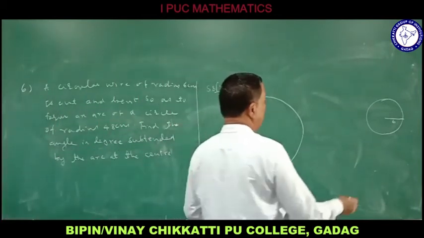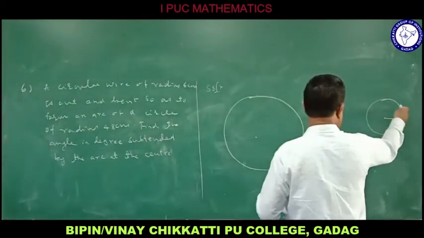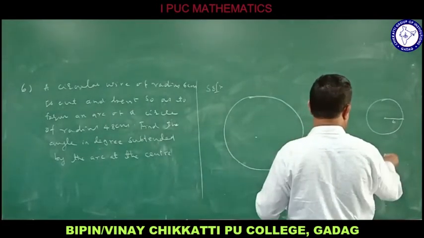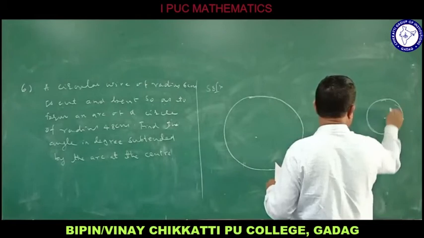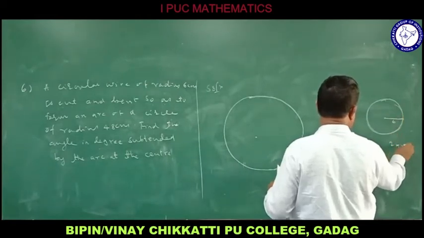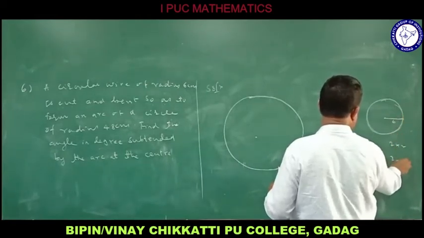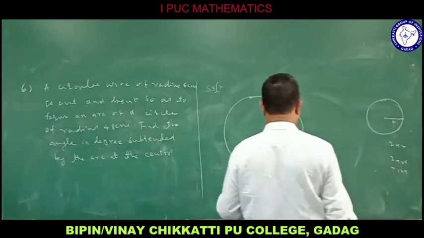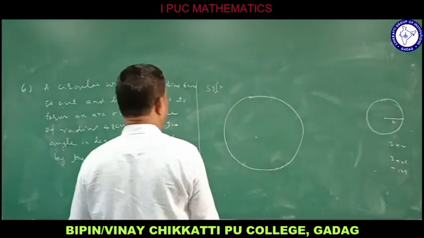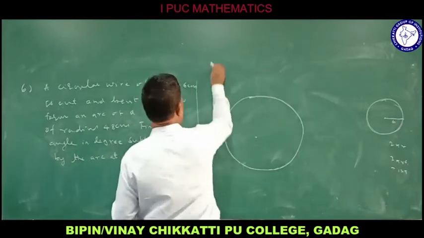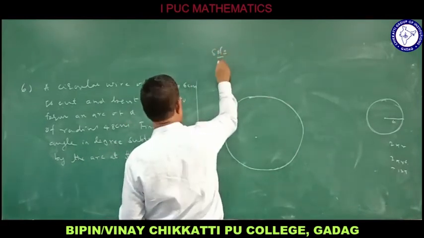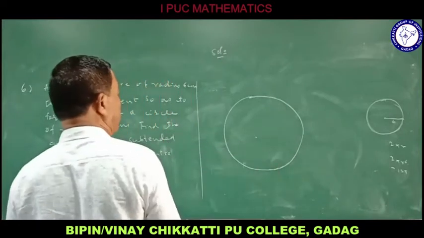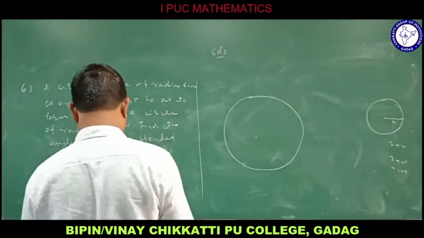So this wire is cut and stretched, and what is the length of the circumference of the circle? The formula is 2 pi r. What is r? 2 pi r into 6, that is 12 pi. So first you have to understand the circumference of the circle whose radius is 6, and that is 12 pi.